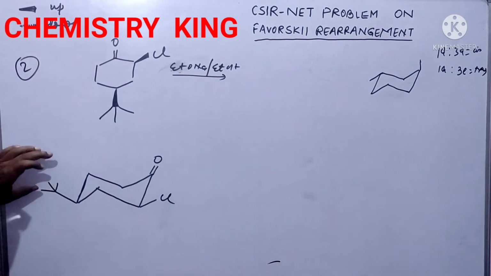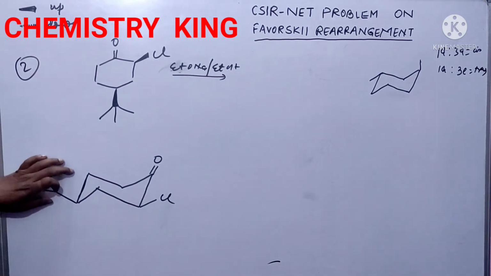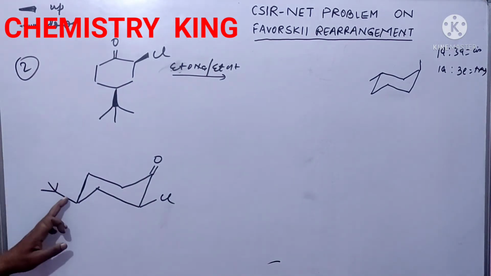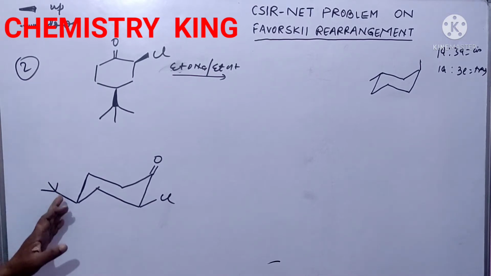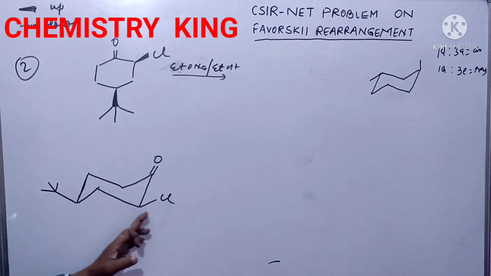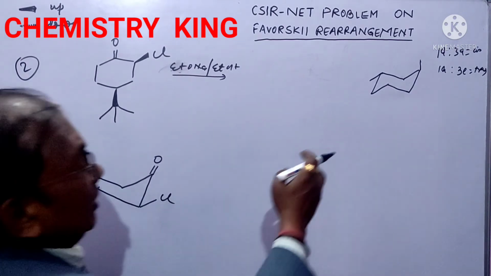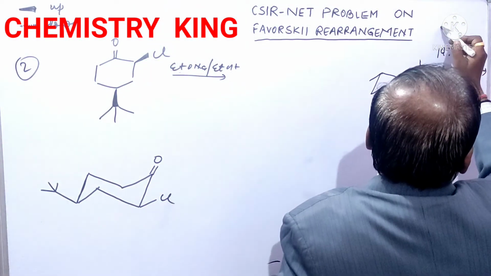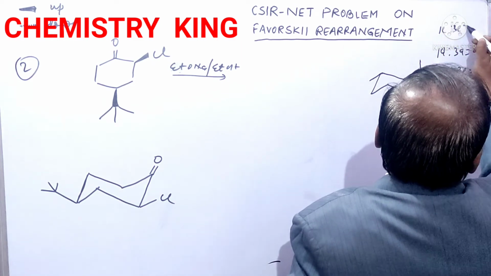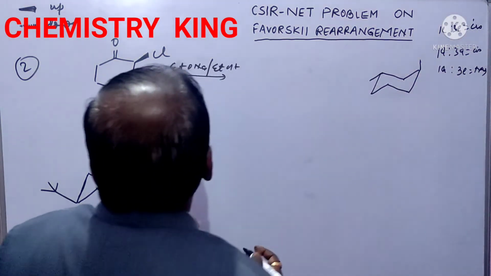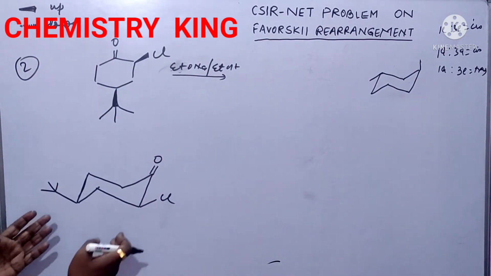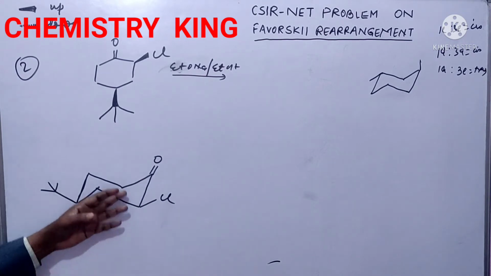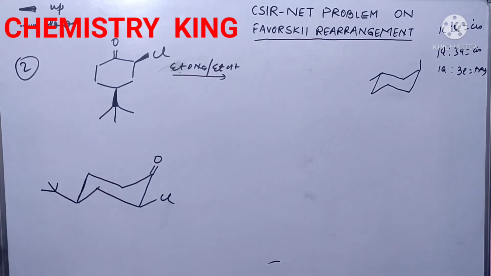Since tertiary butyl is a very bulky group, it is always situated in the equatorial position. And if it is equatorial, the other will also be equatorial. If 1A, 3A is cis, then 1E and 3E will also be cis. These two are on the same side, upside, so it is cis, and that's why we have written this molecule as cis.